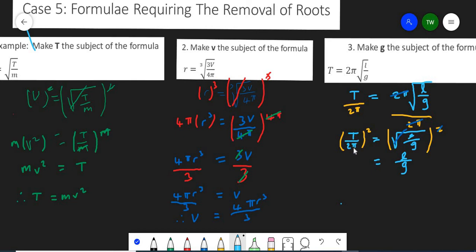T over 2 pi all squared means T over 2 pi times T over 2 pi. And that will give us just T squared all over 4 pi squared.